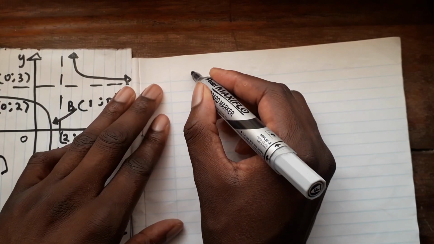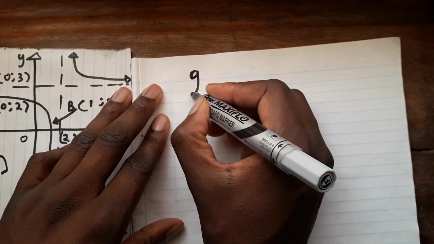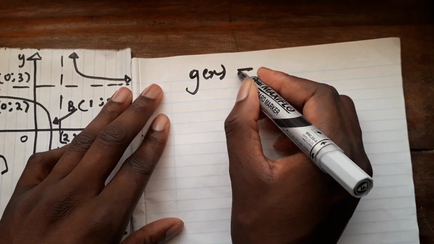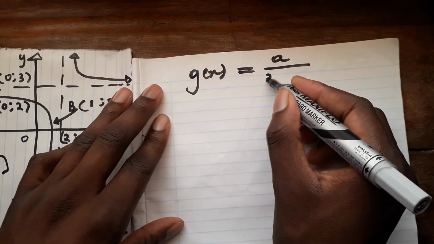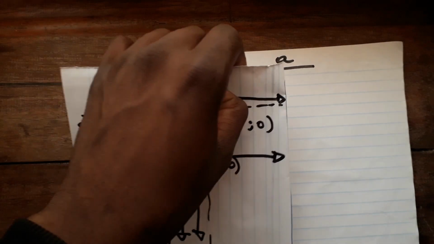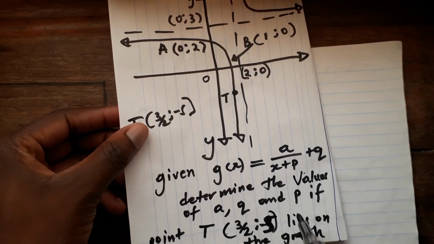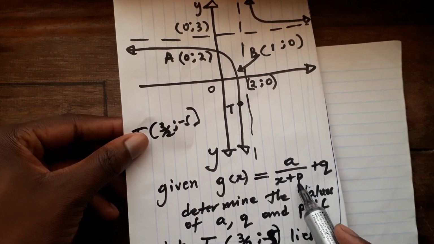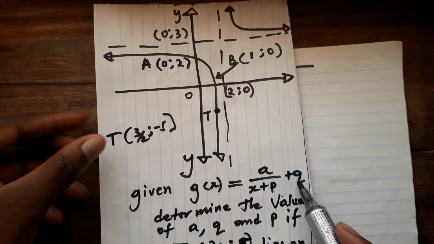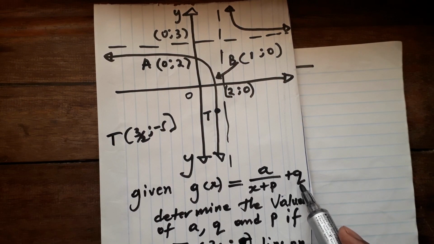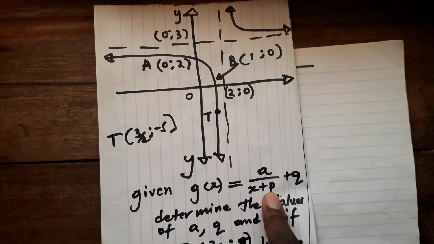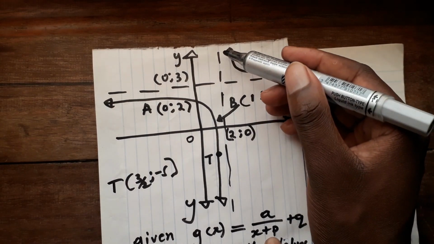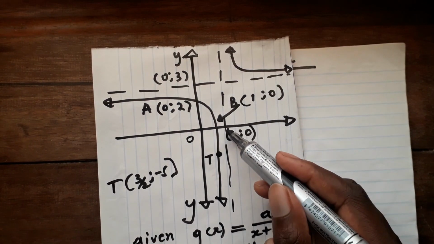g of x is equal to a divided by x. Let's look at this. We already know that p represents the vertical asymptote and q represents the horizontal asymptote. Now, what is the value of p? Let's take a look at the vertical asymptote, which is 2 at this point.